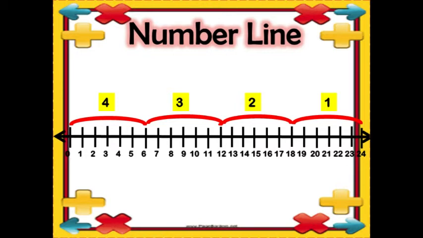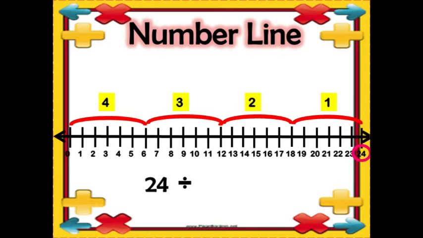So all we have to do is first look at the number line, of course. So look at the last number in the number line. We have there 24. So that means we are just going to write 24 as the dividend.